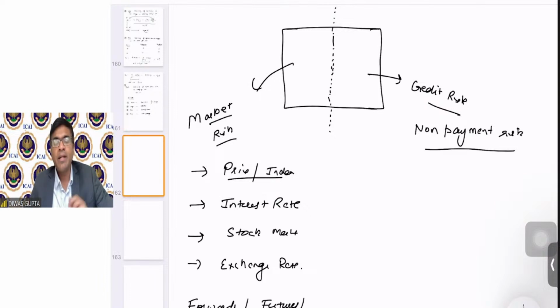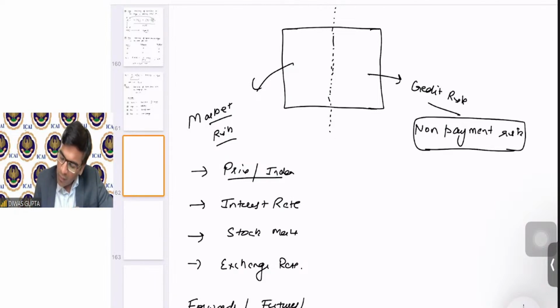Now I expect that Mr. X should pay me the money back after 5 years, and till the end of 5 years, he should also pay me the interest. Now, what if Mr. X goes bankrupt? Or what if Mr. X does not have sufficient cash flows to pay me that amount? That is called non-payment risk, or we also call it credit risk.